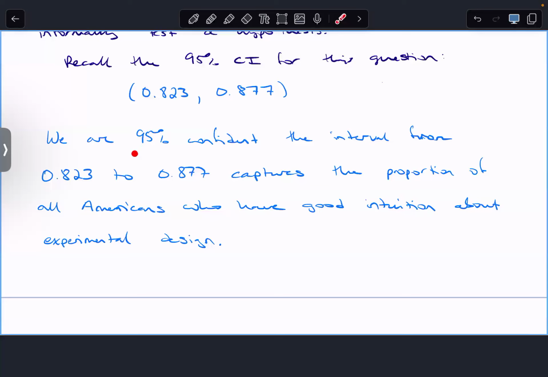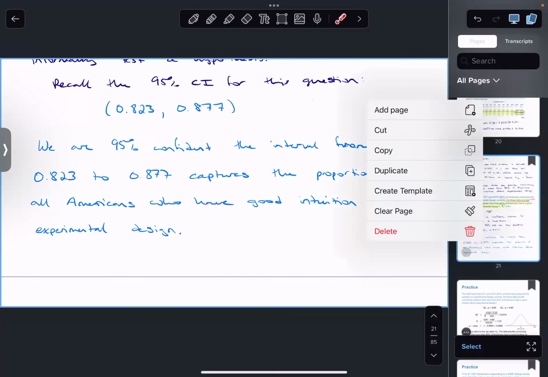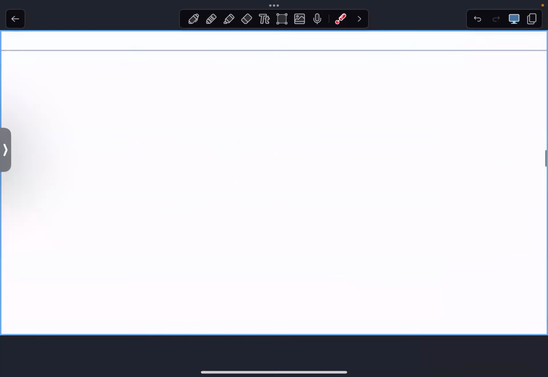If we're 95% confident that the interval from 82.3% to 87.7% captures the population proportion, that's all above 0.8. And so if your hypothesized proportion is outside of the interval, then that's enough evidence to reject H naught informally.